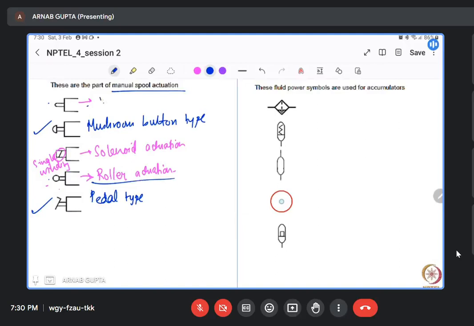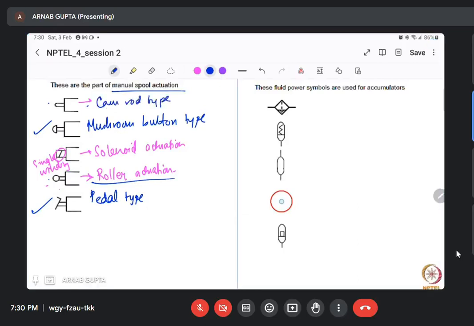And what about this one? What is this? This is a cam rod type actuation, mechanical actuation. Plunger type?